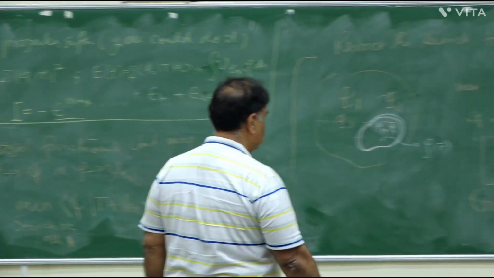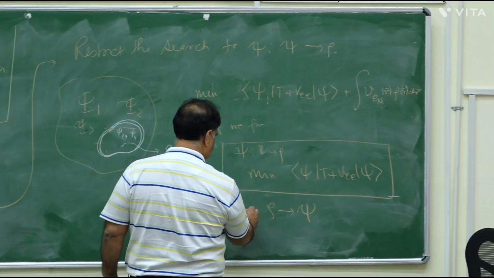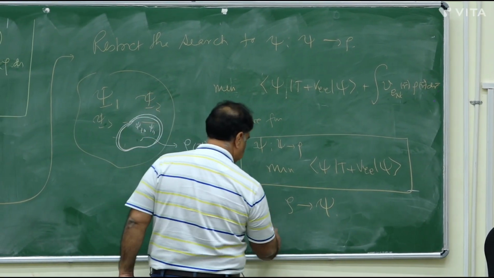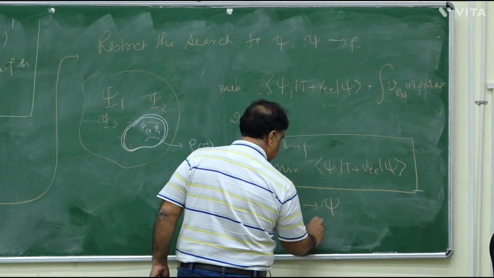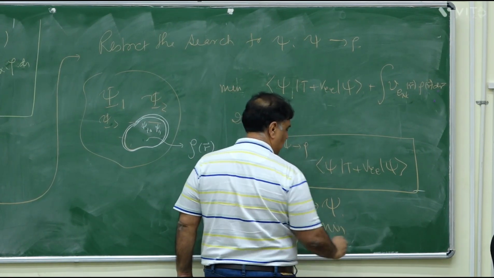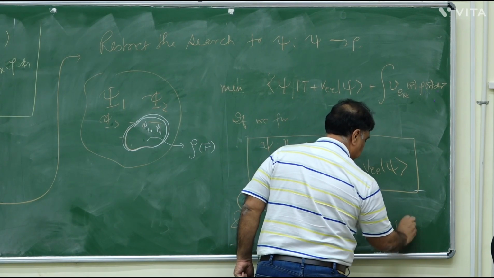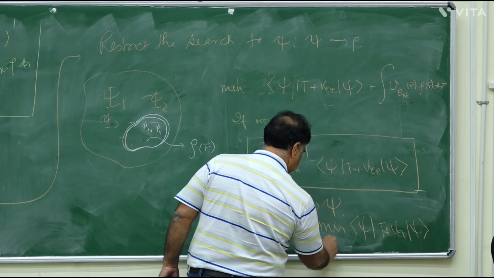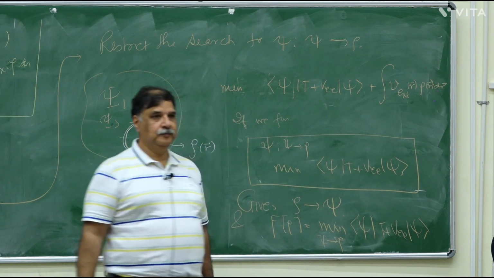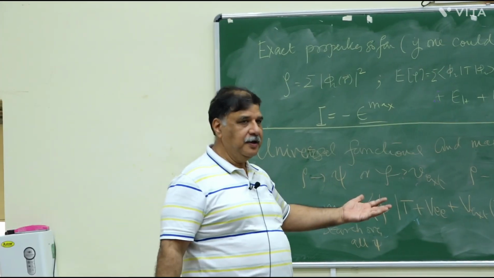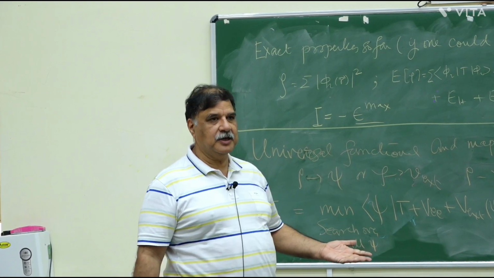Alright? So I've also found the universal functional F rho, which is the minimum of psi T plus V_ee psi, where psi gives me rho. So given a rho, I found the map from rho to psi, and I have also found the corresponding F rho.